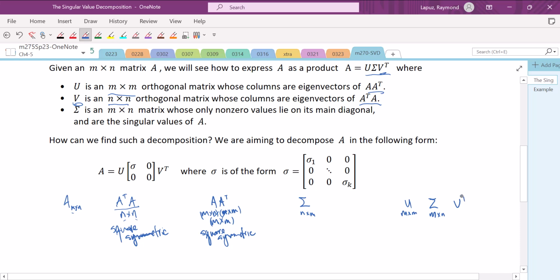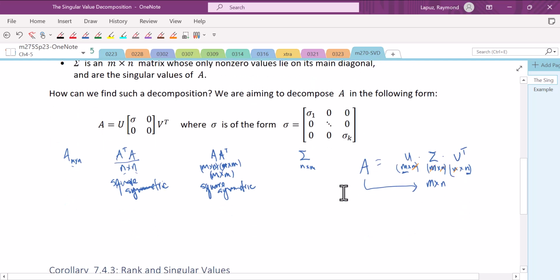So V transpose is going to be the same size as A transpose A, which is N by N. And just to make sure that we can actually do the matrix multiplication here, when we multiply these things, we should end up with the same size as A. If we multiply U times sigma, the M's will cancel. If you multiply sigma times V transpose, the N's will cancel. And then A will end up being an M by N matrix, which is what the size of A was. Okay, so the sizes work here.